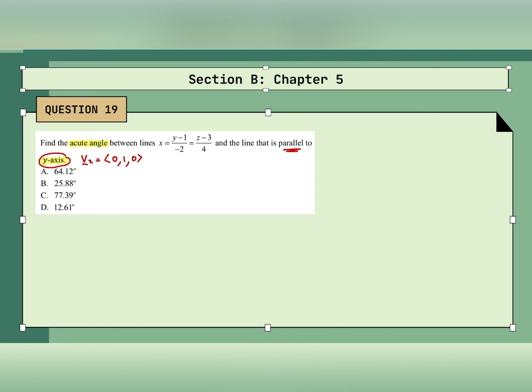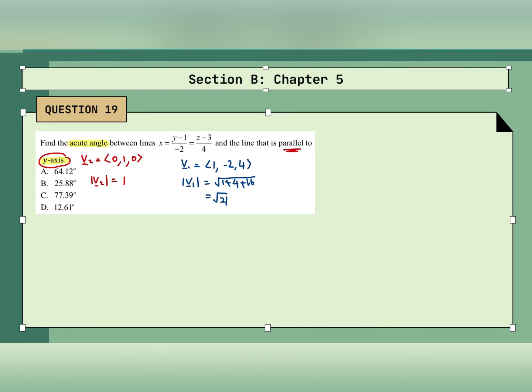Okay, so here kita terus cari dia punya magnitude dulu. So magnitude of V2 will be equals to 1. Okay, sebabnya kosong tambah 1 square tambah kosong will be 1. Okay, and then untuk V1 value dia adalah 1, negative 2, 4. Okay, so the magnitude of V1 will be 1 tambah 4 tambah 16. Here I get square root of 21.